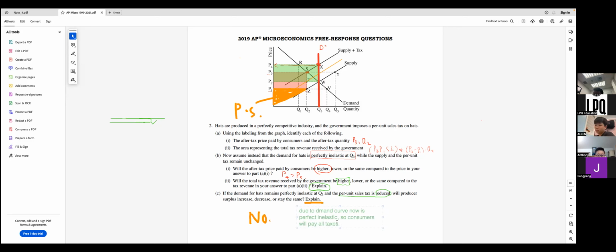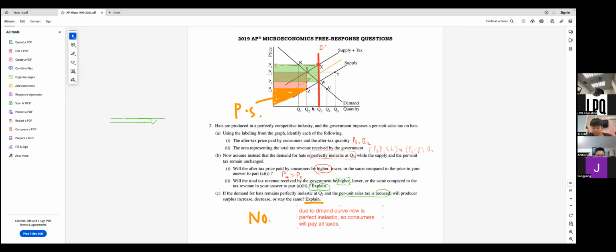Producers pay no tax. So producers' economic well-being won't be affected by the tax size, because as a producer, you don't pay any tax at all.